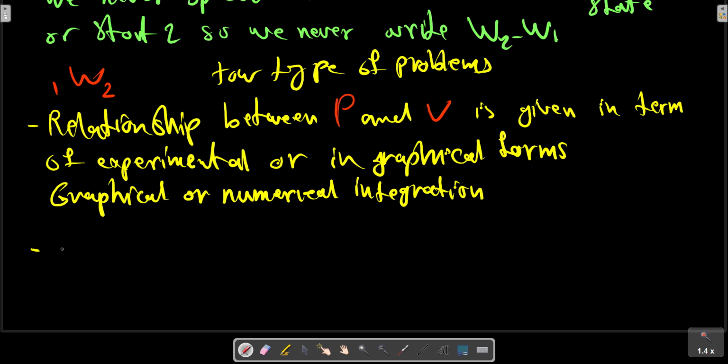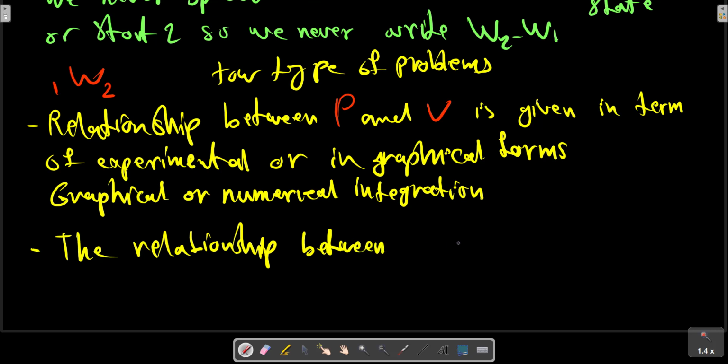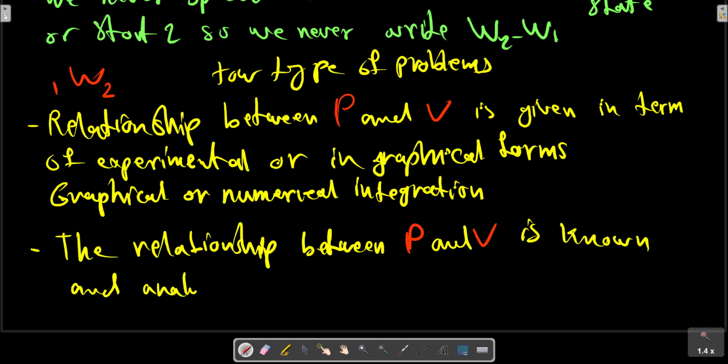In the second type, the relation between P and V makes it possible to fit an analytical relationship, as a function, and direct integration is possible.